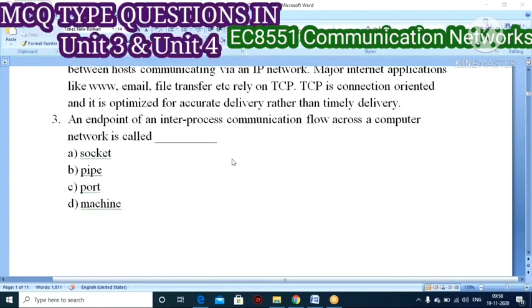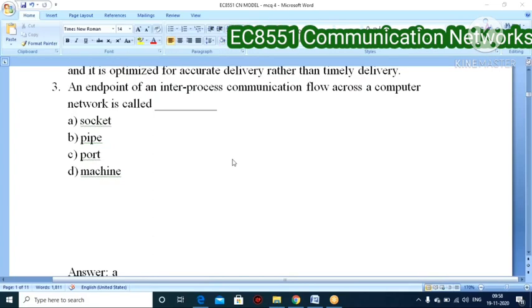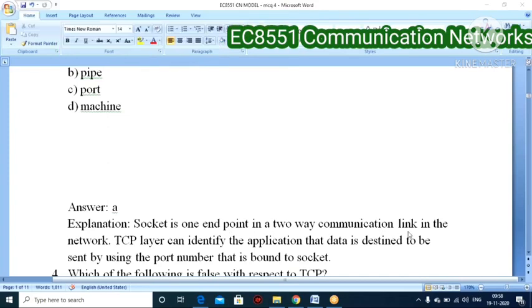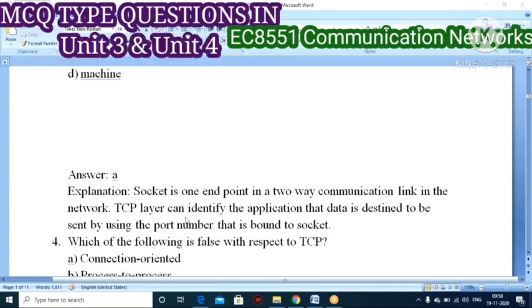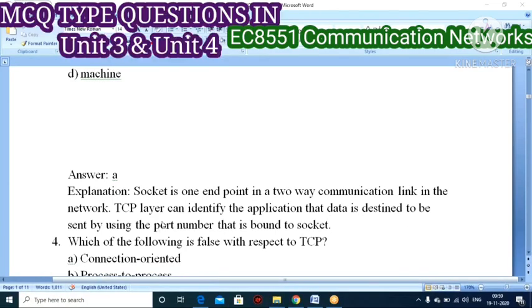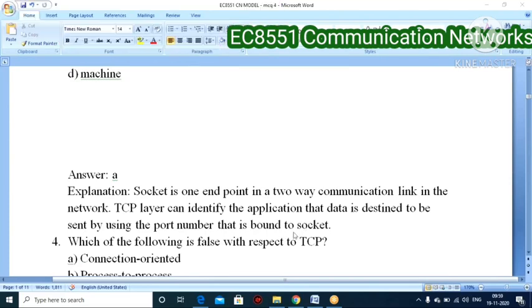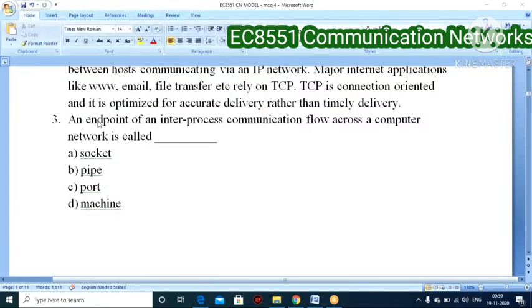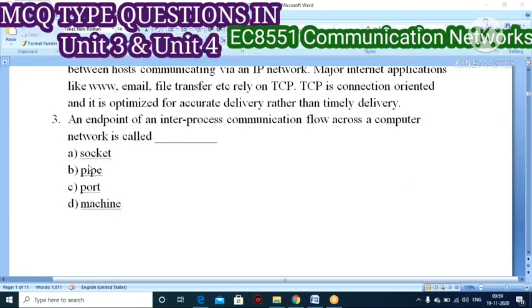Port or socket? Socket is the correct one, because a socket is one endpoint in a two-way communication link in the network. The TCP layer can identify the application that the data is destined for by using the port number that is bound to the socket. Both are related, but the exact answer for this statement is socket only.